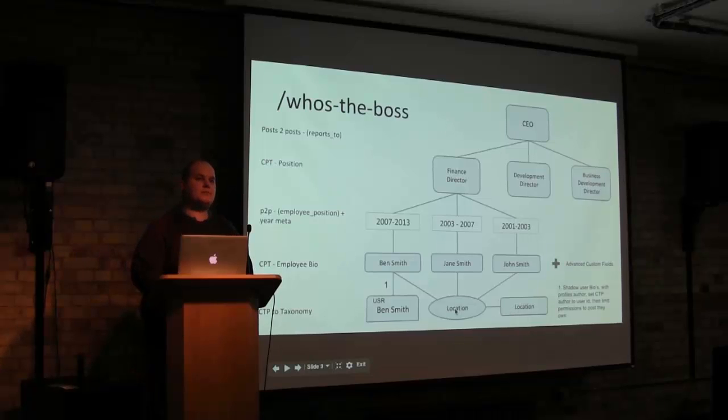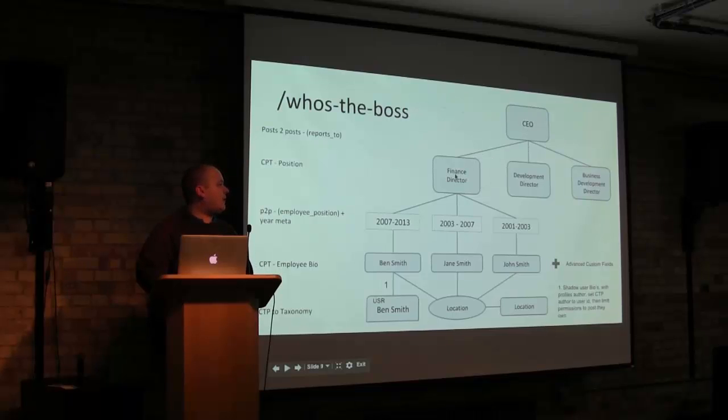Right. So, if you're talking about a business structure, you have the boss and the subordinates. Do you have that relationship with the hierarchical post type? So yes, in theory with post parents, but it's very limited. So these three guys report to the CEO, and with a post parent, yes, you can do that relationship because you can just say that's his post parent.